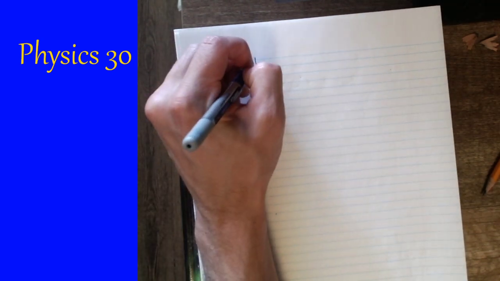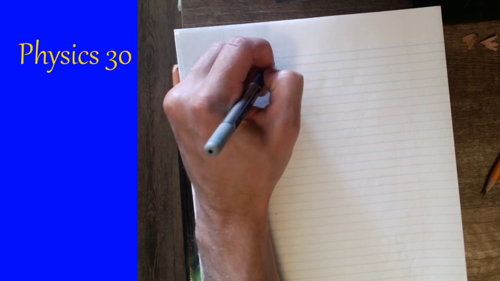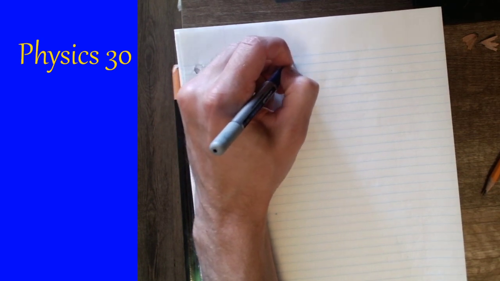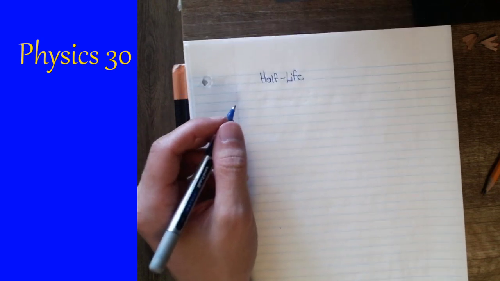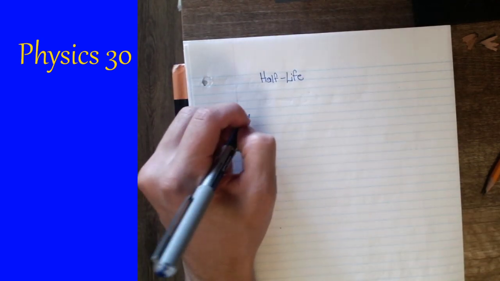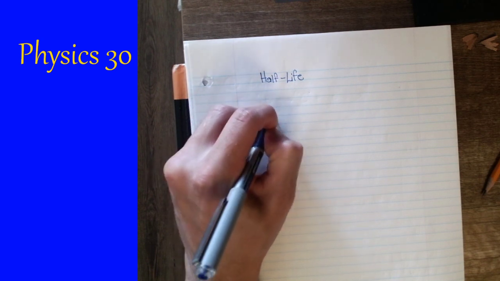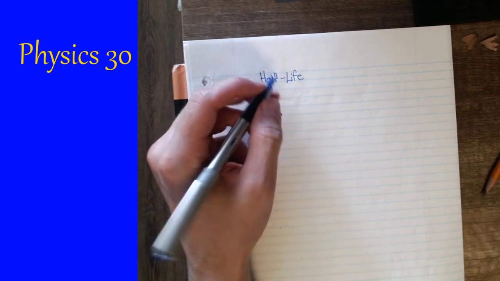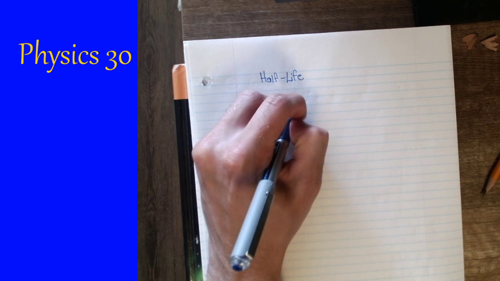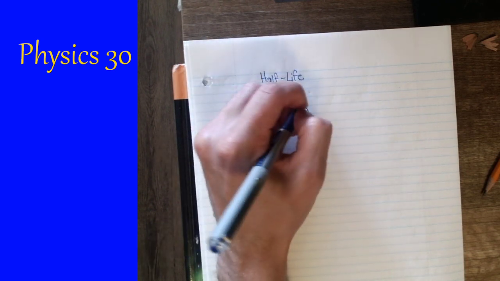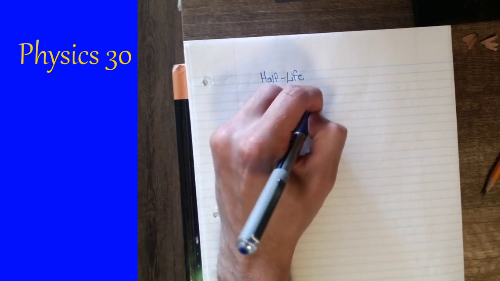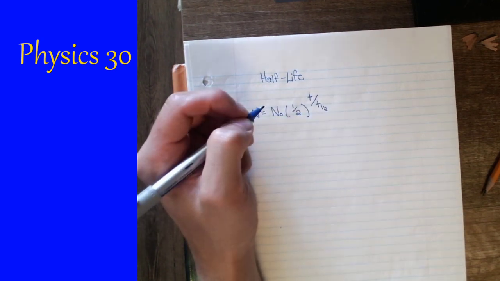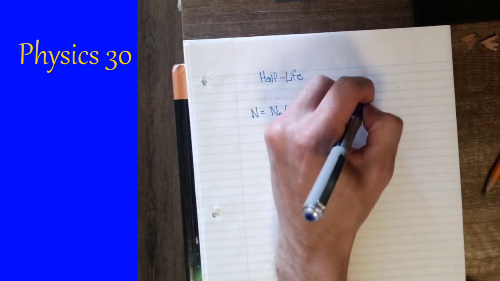Alright, so the first one is the half-life. There's a mathematical formula here: N is equal to N0 times 1/2 to the power of T over T 1/2. Let's define all of these.